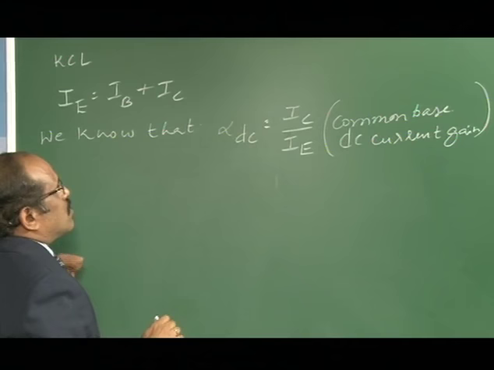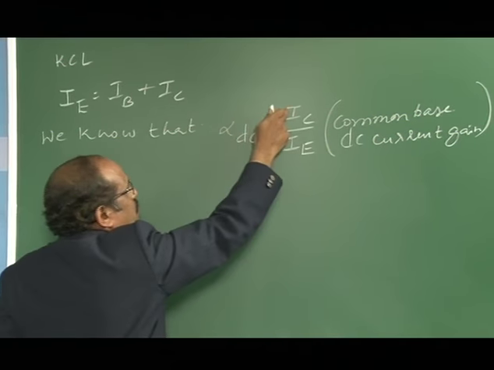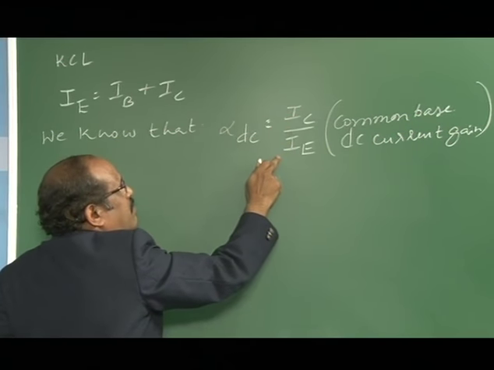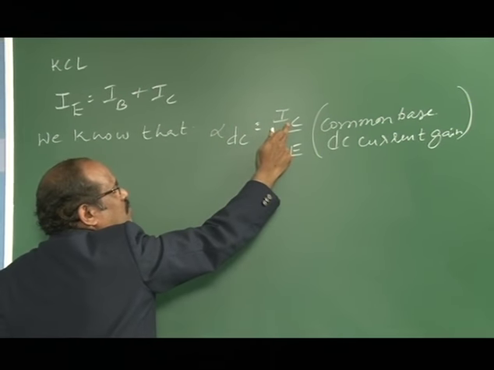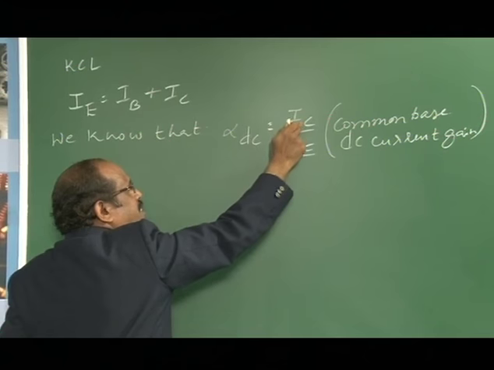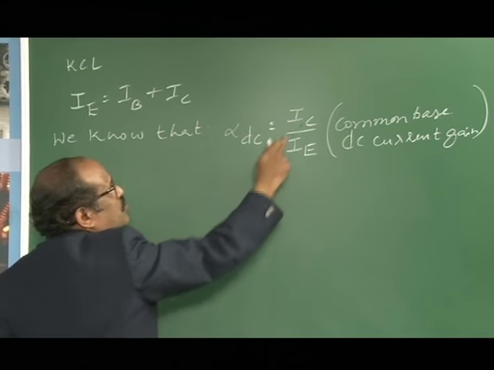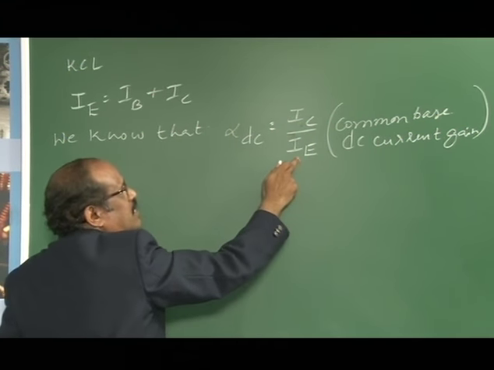As you know, current gain is a ratio of current by current; gain means the ratio of output by input. In this common base configuration, please note that the collector current acts as the output current, whereas the emitter current acts as the input current.